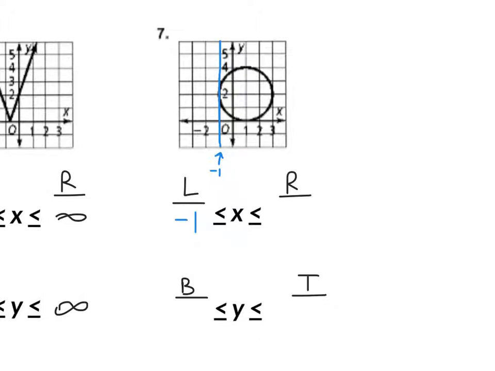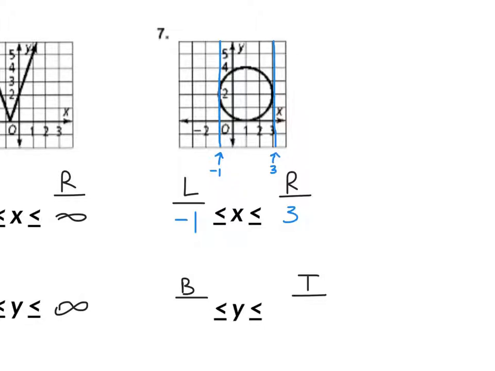Okay, so I'm going to go to the right side now. This is the line as far right as it goes. Well, how far is that? That's at +3. So on the x-axis, the domain, it goes from -1 to +3. Okay, there's no infinities on this one because there's no arrows at all.